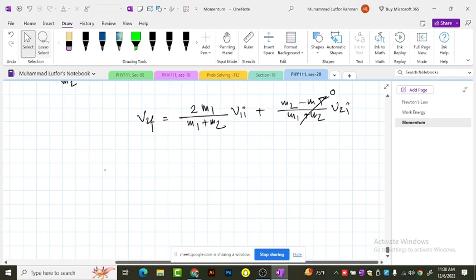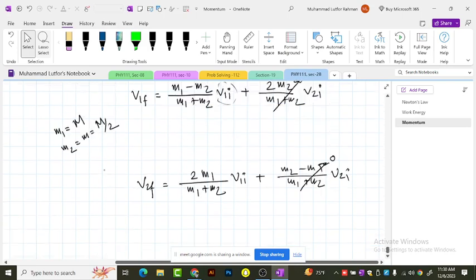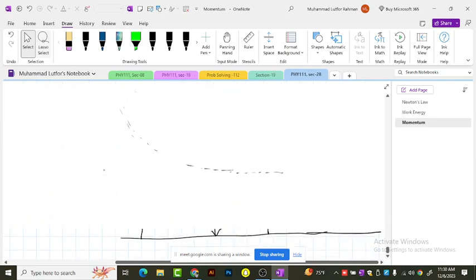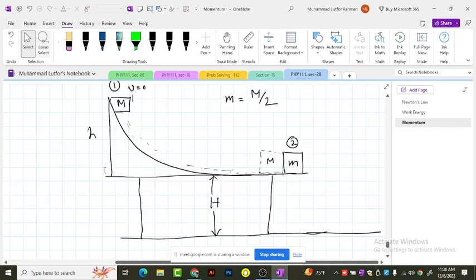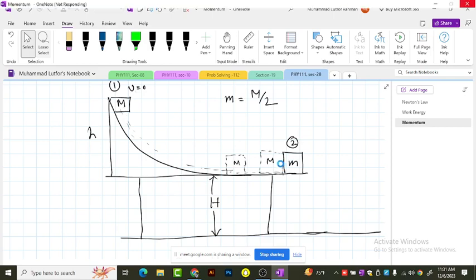Since it's frictionless. Sir, could you explain initial velocity once more? So initial velocity is the velocity of a system just before the impact, right? Yes sir. Once you release the block, it has potential energy, which will be converted to kinetic energy, and with that kinetic energy the block is going to strike the smaller block, right?